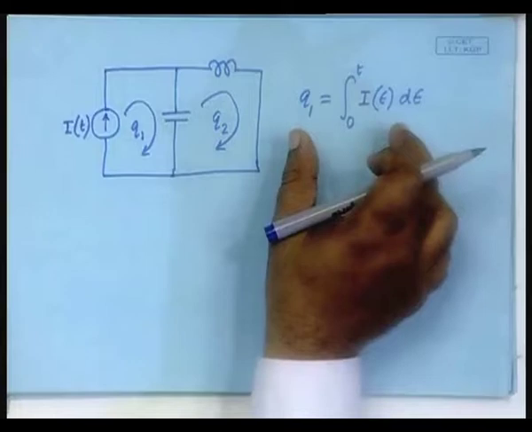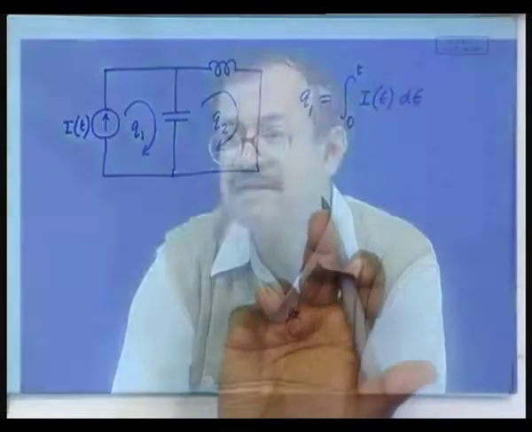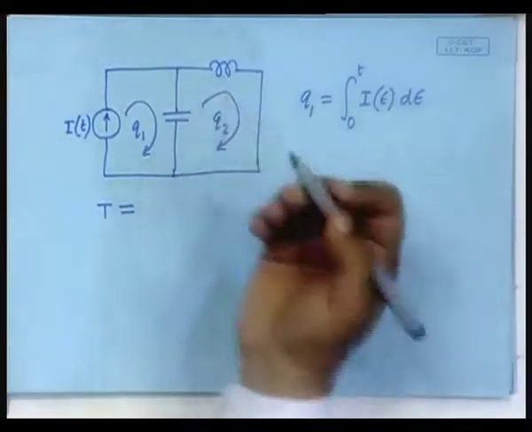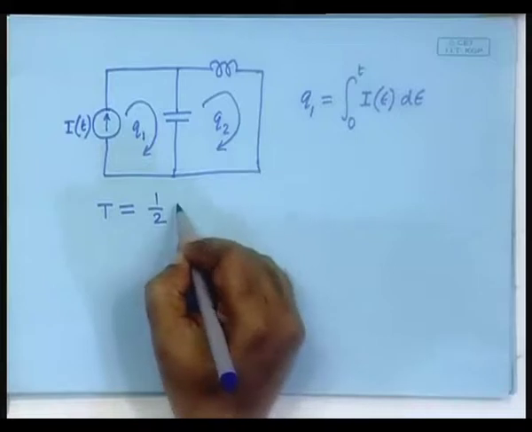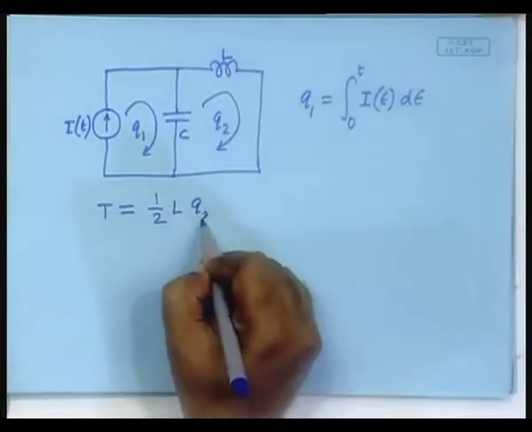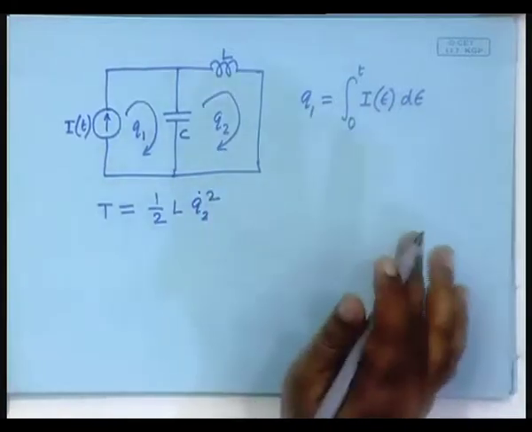Now, once we have defined this, the rest becomes exactly the same. Why? Because in that case we will write the kinetic energy here as half L Q2 dot square, no problem about it.